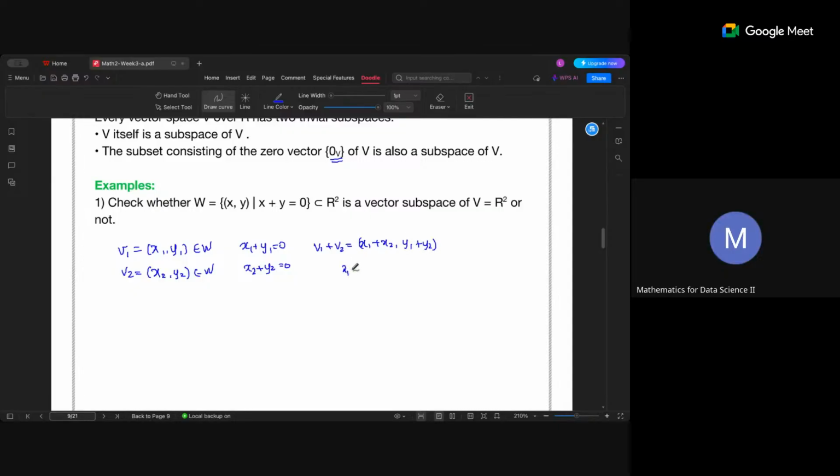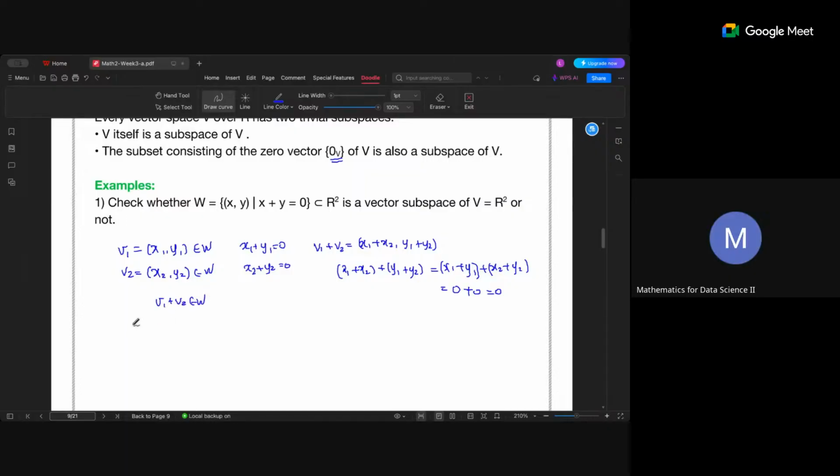Now what is x1 plus x2 plus y1 plus y2? Again it is 0. You just have to simply rearrange the terms to see it. We already know that these two are 0, so you will get again 0. So you see that V1 plus V2 belongs to W.